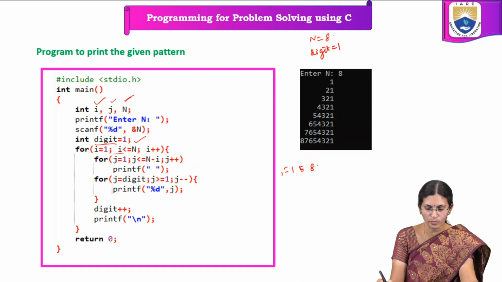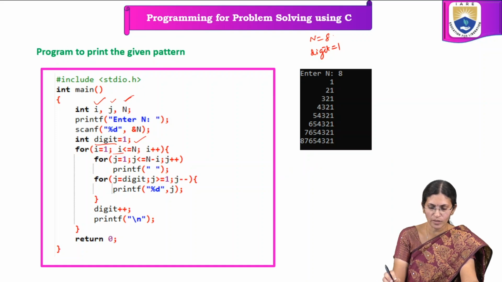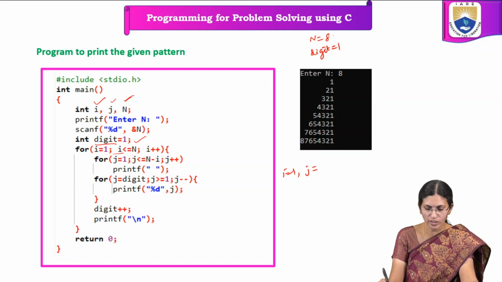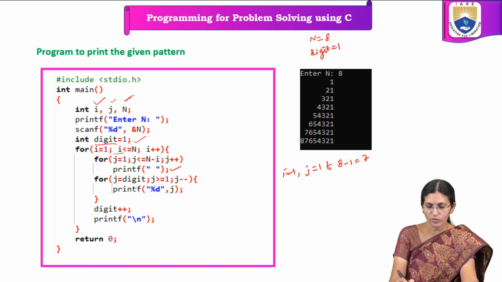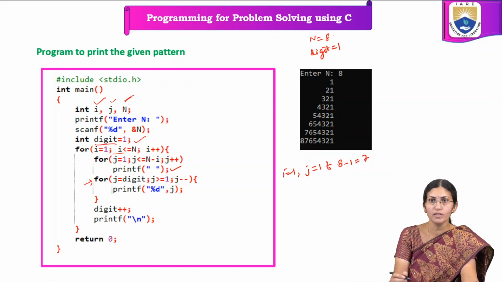Then let us see the execution of the inner for loop. When i is equal to 1, j is equal to 1 to j less than or equal to n minus i. Suppose n is 8, so 8 minus 1 is equal to 7, so 7 spaces will be printed. After that, the statements of this for loop will be executed.